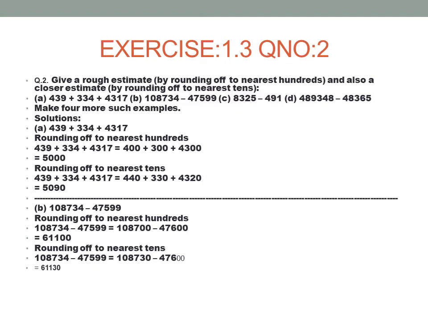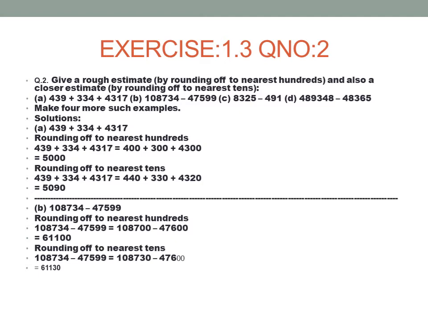Now if you consider the tens, only we have to change the tens digit to see the nearest tens place. Only we are considering 439. Only 39. 39 is near to, yes, it is 40. 34 lies between 30 and 40, but it is near to 30.